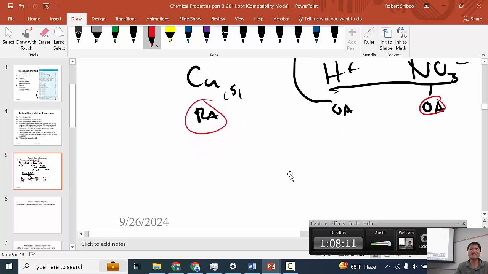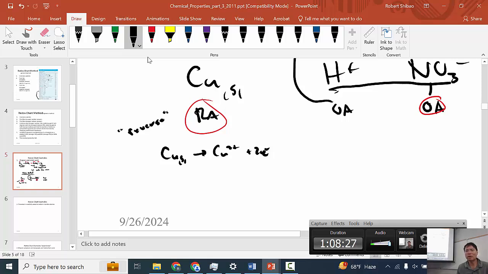And then what I do is I copy the equations from the board. Except this one I have to reverse. So I go copper solid goes to copper 2+ plus 2 electrons. And so I reverse this one. And this one I just write down as is.